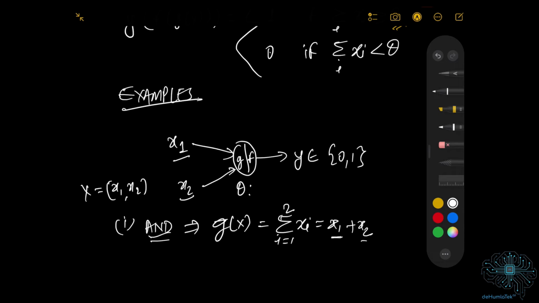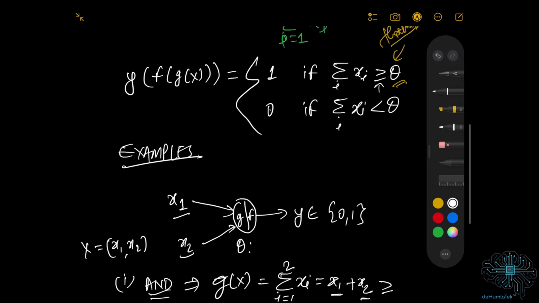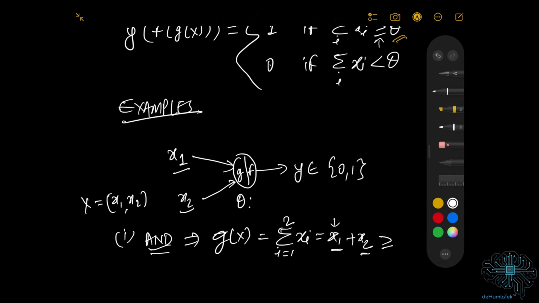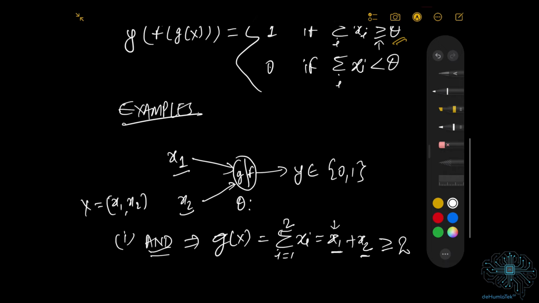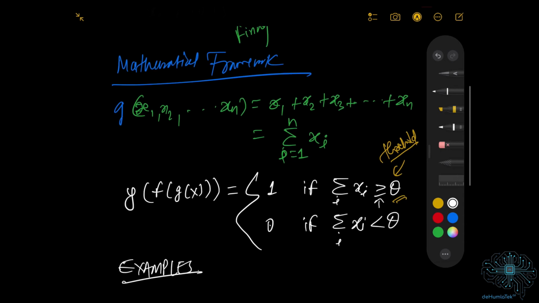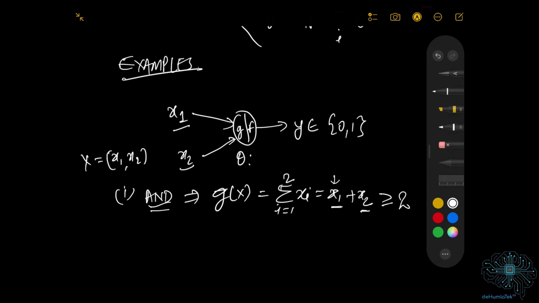If both inputs are 1, then the summation will be 2, and for this neuron to fire, this has to be greater than or equal to 2. Substituting the value 1 for both inputs gives 2, and then the neuron will fire for the AND gate. That neuron will work as an AND function.